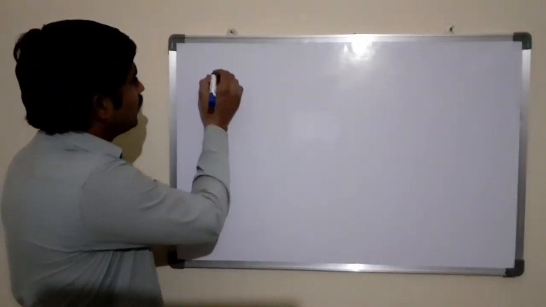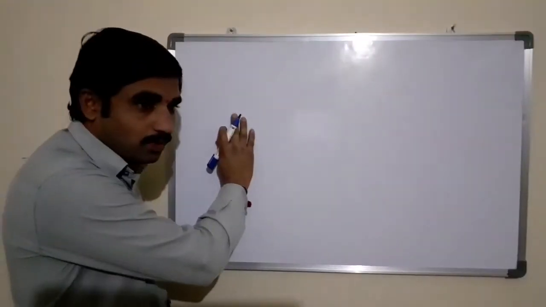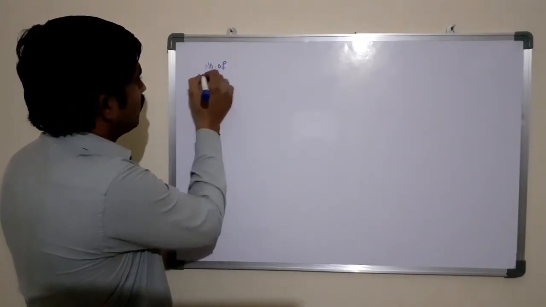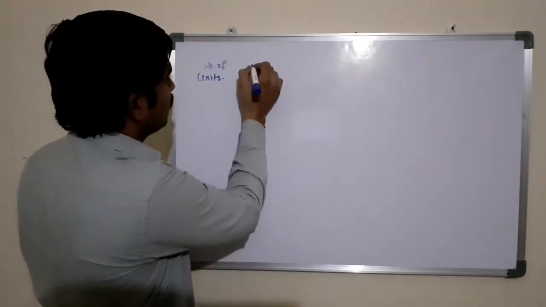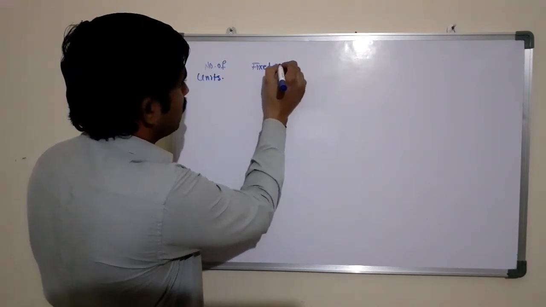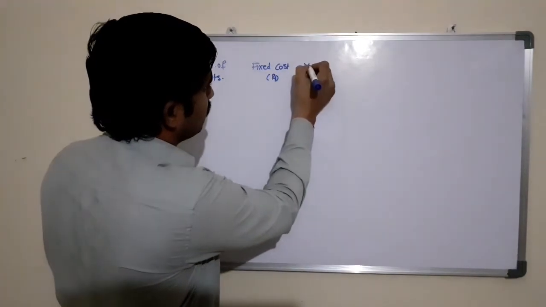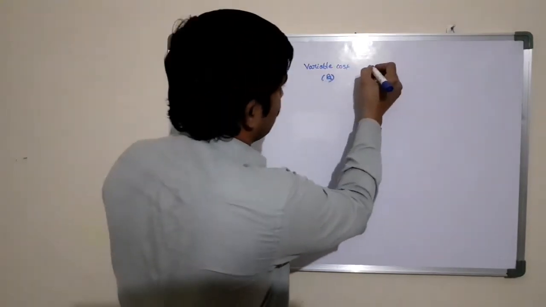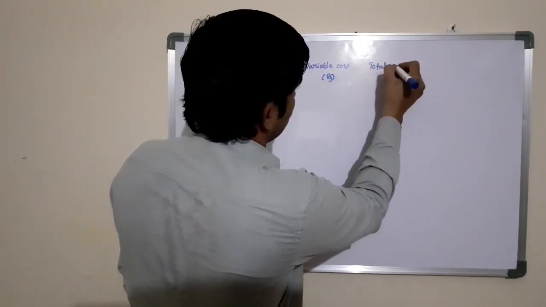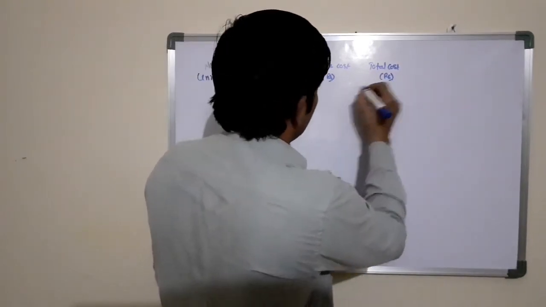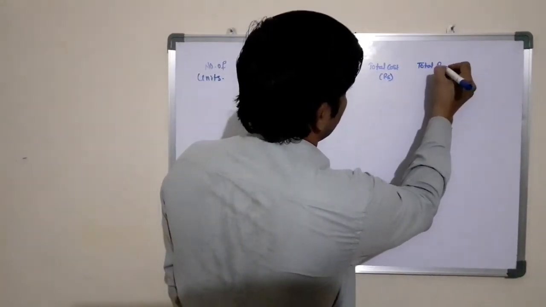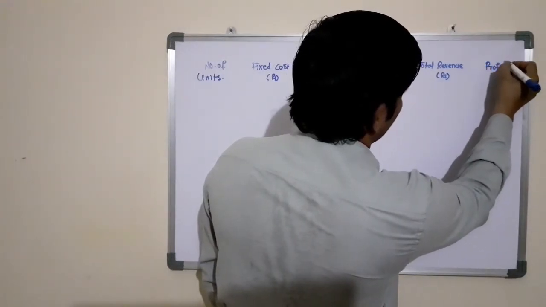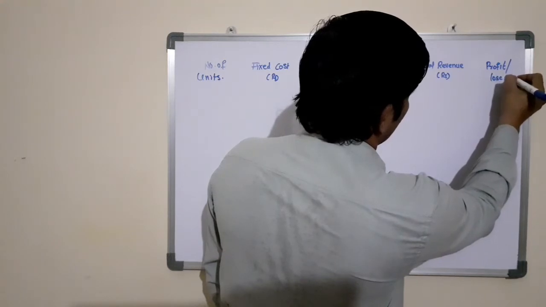The columns that we need, the data we require to construct the chart, are: number of units, fixed cost in terms of rupees, variable cost in terms of rupees, total cost in terms of rupees, total revenue in terms of rupees, and the position of the business, profit or loss, in terms of rupees.